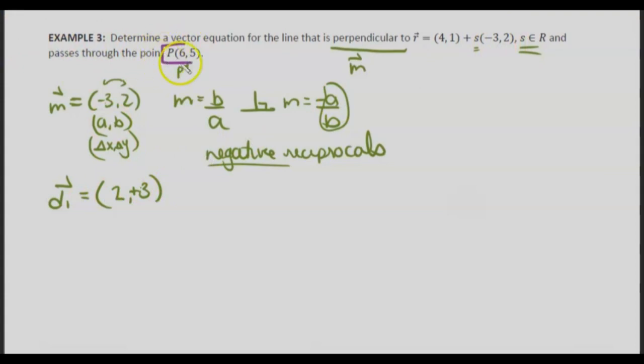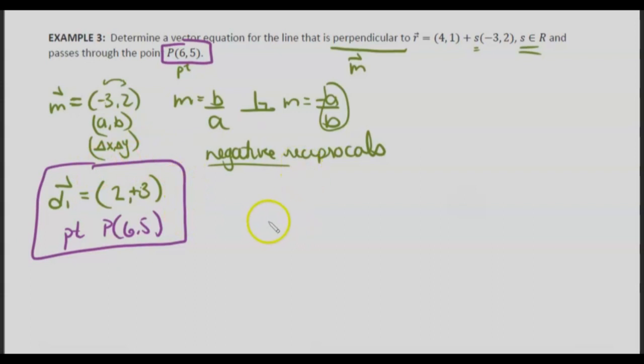Now, it gives us a point. And we know from the original directions, all we need is a direction vector and a point, and we're golden. So let's write the equation.